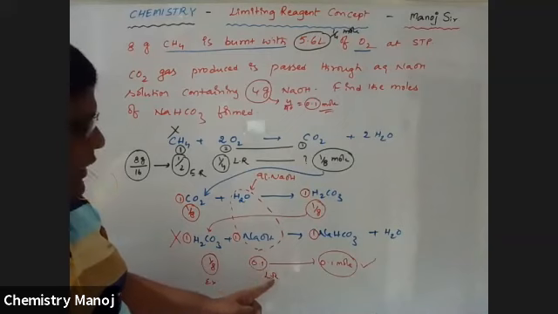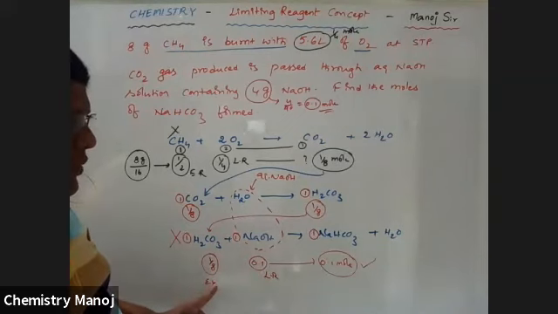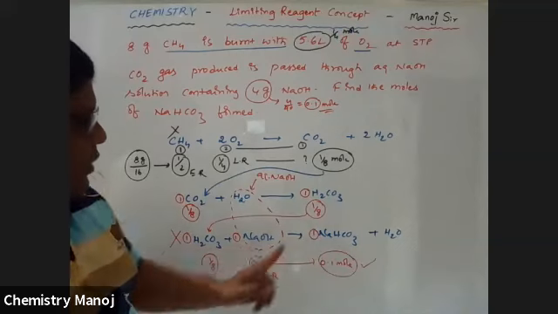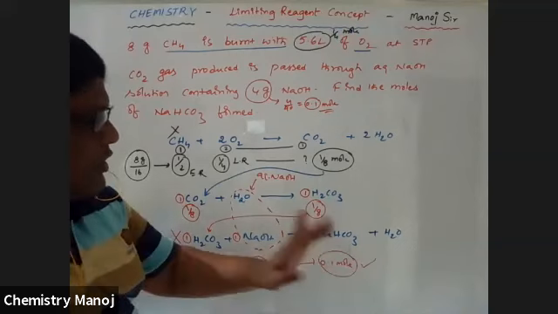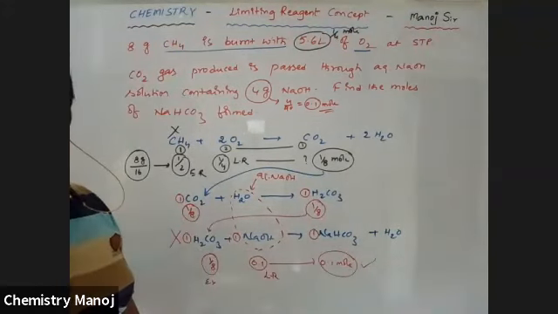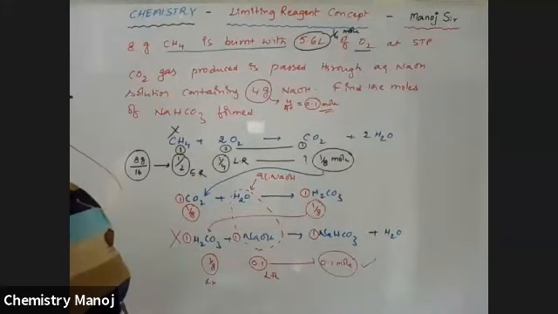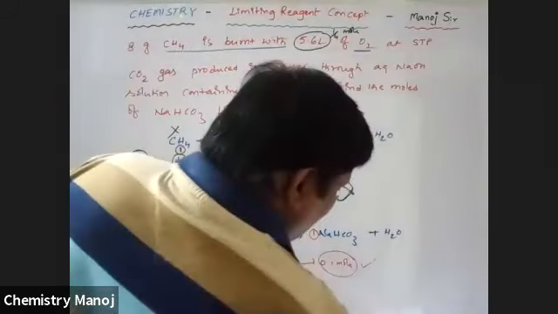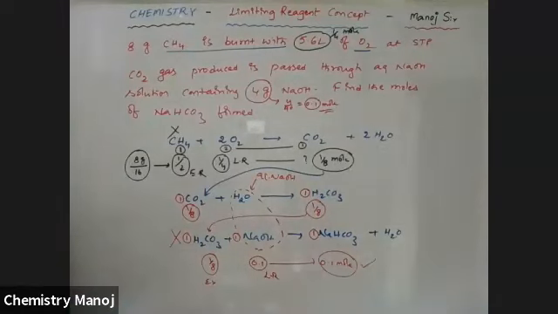That means it is the limiting reagent, and the other is the excess reagent. So our calculation is only with the limiting reagent. 1 mole reacts with 1 mole and gives 1 mole, so 0.1 mole gives 0.1 mole. So the final answer is 0.1 mole. This problem is based on the limiting reagent and also sequential reaction.